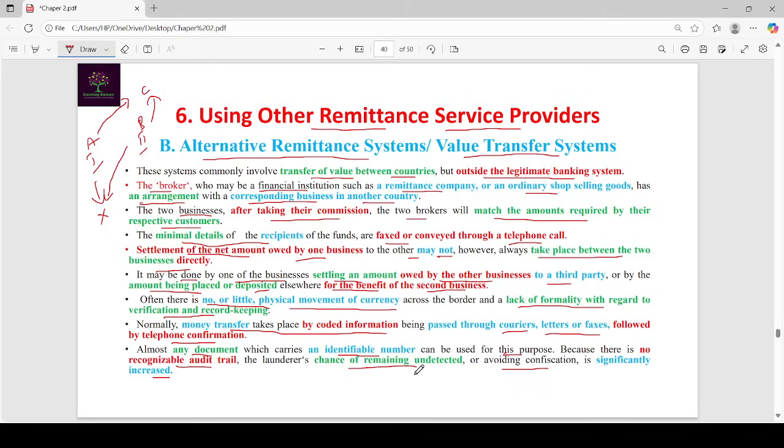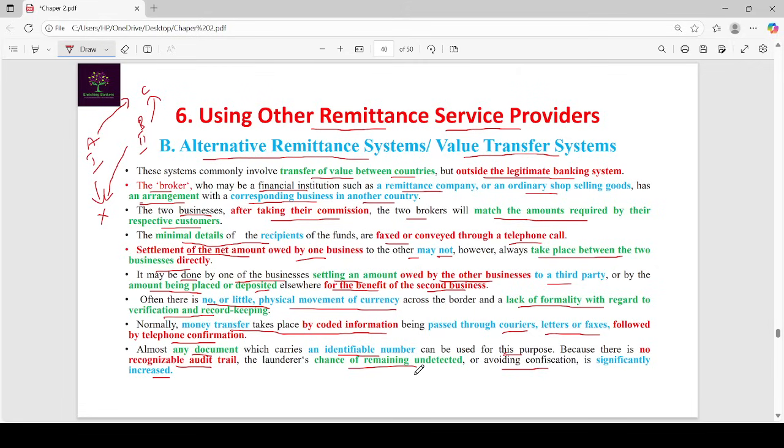That's why this method attracts money launderers or terrorists or criminals, because in this method no banking system is involved, and also settlements are made to third parties or placed where the second broker gets benefit, and minimal recipient details are sent. Those details are also sent through fax or telephone call.